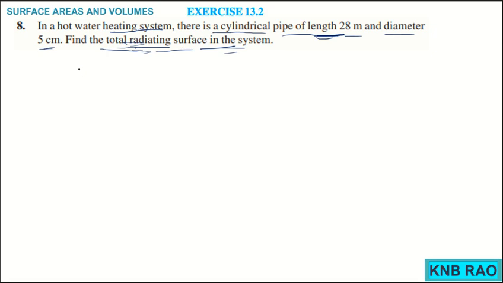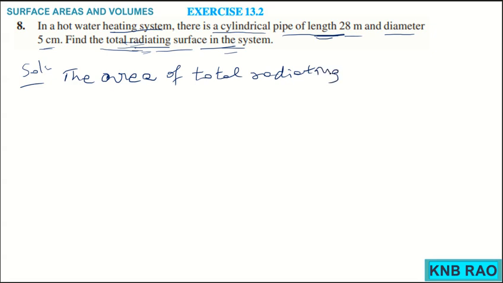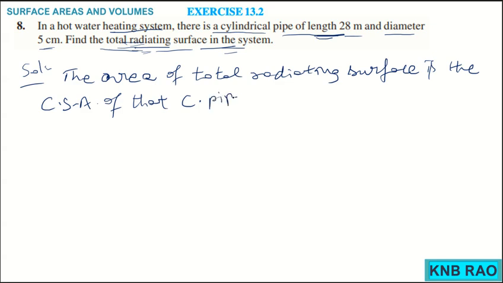So the area of the total radiating surface is the curved surface area of that cylindrical pipe.